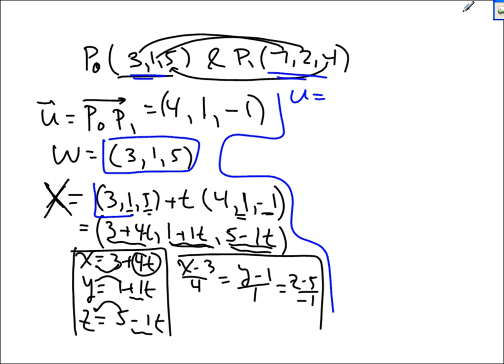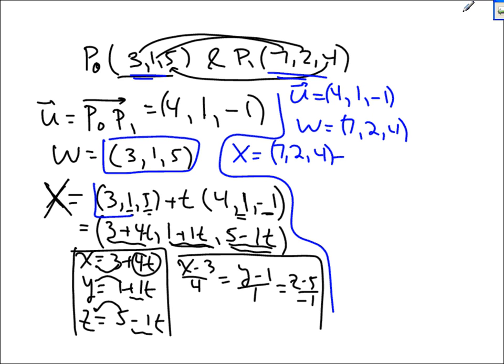So U is still the same, (4, 1, -1). And W is now (7, 2, 4). So X will be W, (7, 2, 4), plus a scalar multiple T of U, I meant to say, (4, 1, -1).